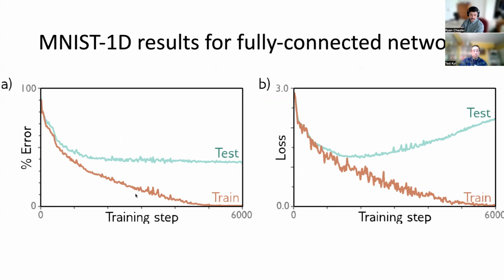We can see its training loss goes very, very low. It's able to get perfect accuracy on the training set, but its test error is actually quite high, like 40% or something like that. The training loss goes down, but the test loss goes down for a while, and then it kind of scoops back up because it's getting more confident in its incorrect answers.